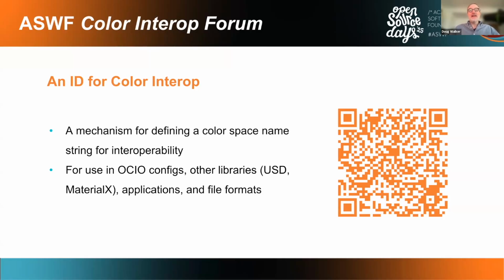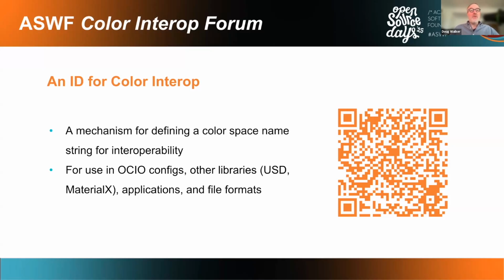So for any given color space, what it's called in a given studio, in some place it may be ACES 2065-1, in other places it may be Lin_AP0. And if that is what goes in a file format, it's going to be quite fragile, because that reference is going to be specific to a given config at a given studio.